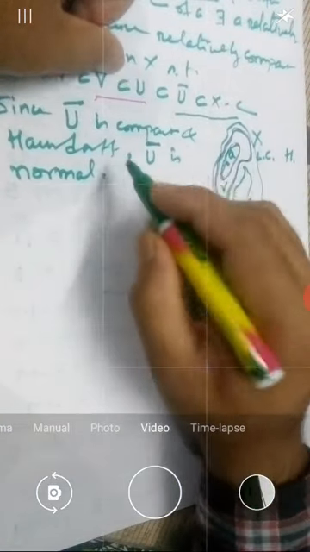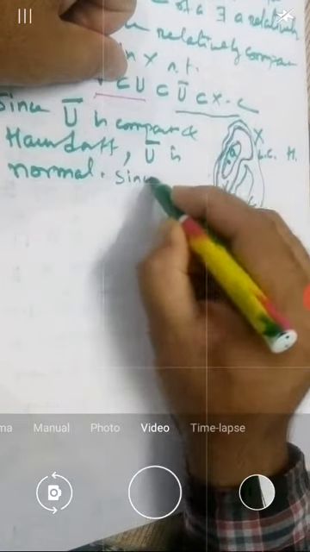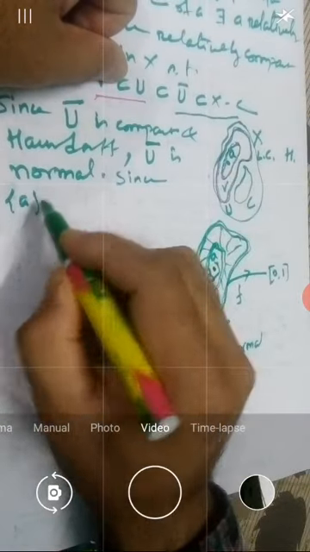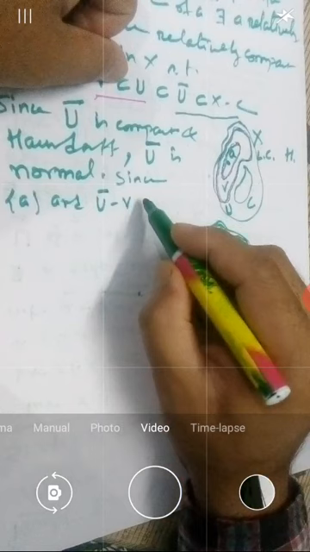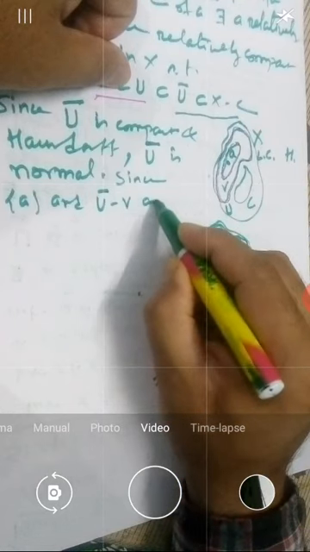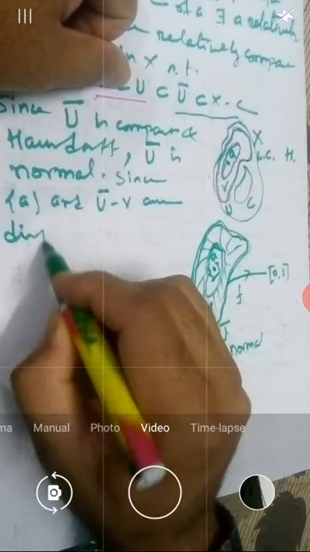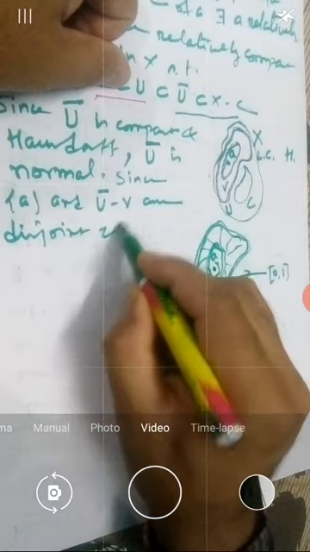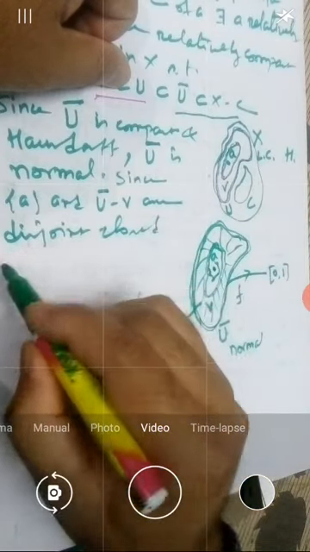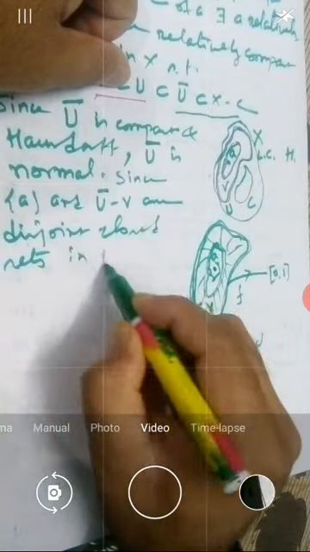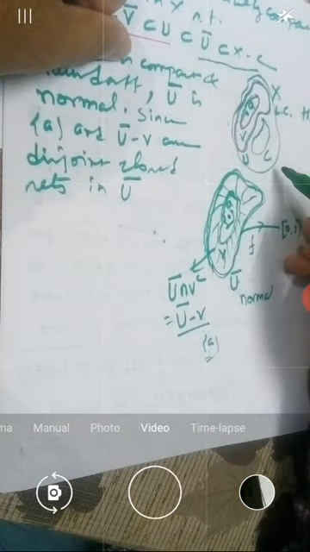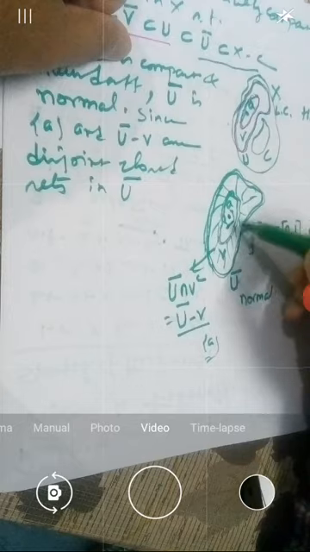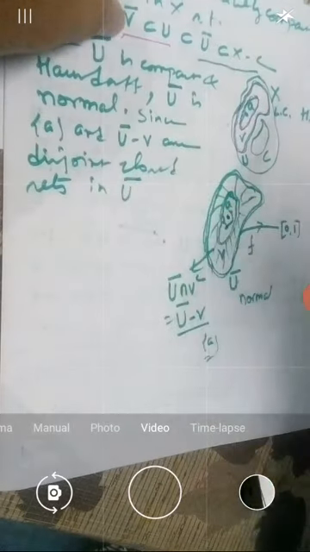So U bar is normal. Since this singleton A and this U bar minus V are disjoint closed sets in U bar, and in X also, so this intersection with U bar will be these two again, and these are closed in U bar.